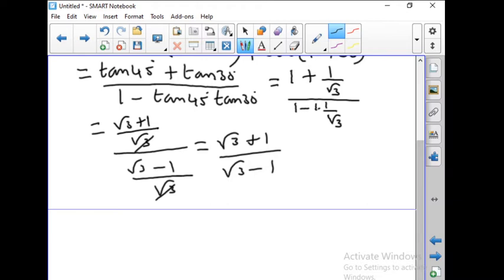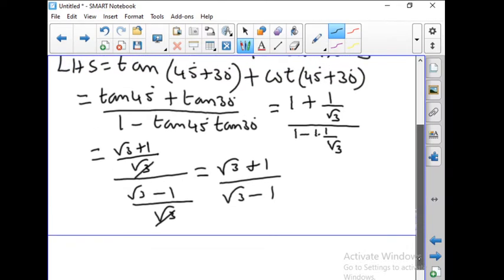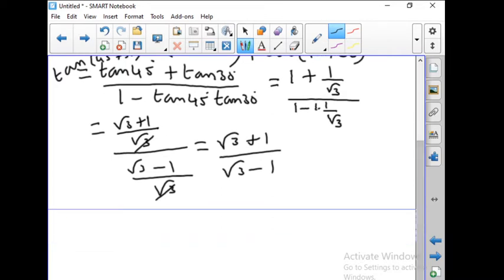So now we have to find the cot. So what about cot A plus B? So this we have found for tan 45 plus 30. So what about cot 75?